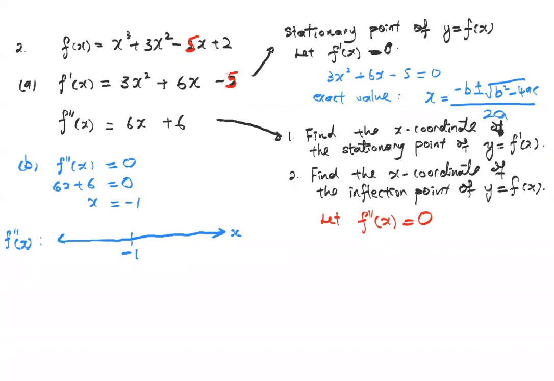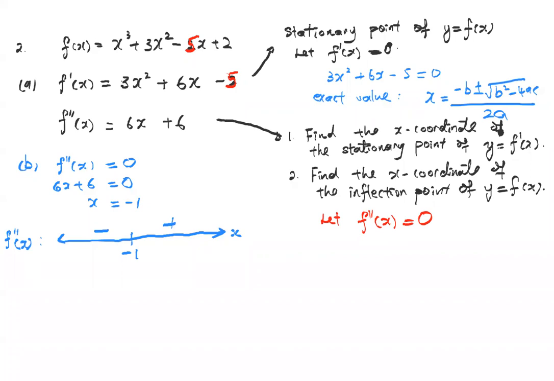Then you key in any value of x that is less than -1. So what do you get? You get negative, am I right? If you don't want to think so much, but if you look at the graph also, you know already. So you can determine the sign easily.